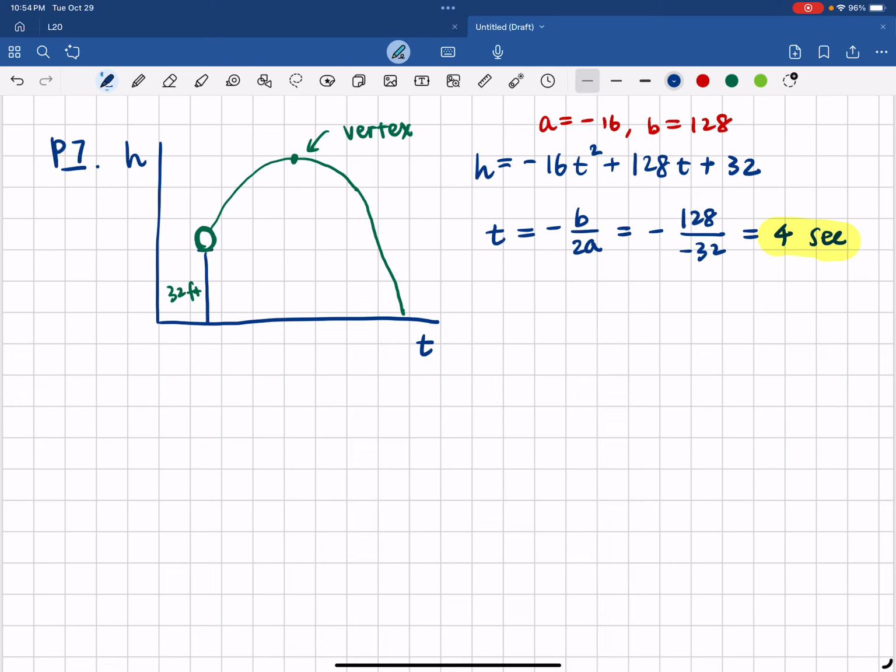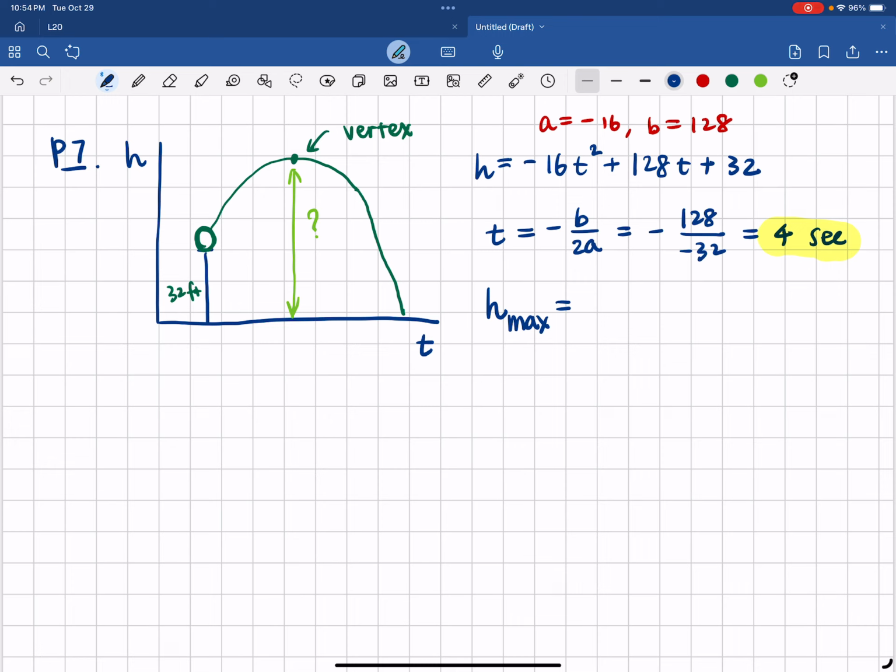The second part is asking you the maximum height, which is talking about this vertical distance, right? So you're going to plug this t equals 4 into the original quadratic function. You're going to get the h maximum. You just plug in t equals 4 because that's the x coordinate of the vertex.